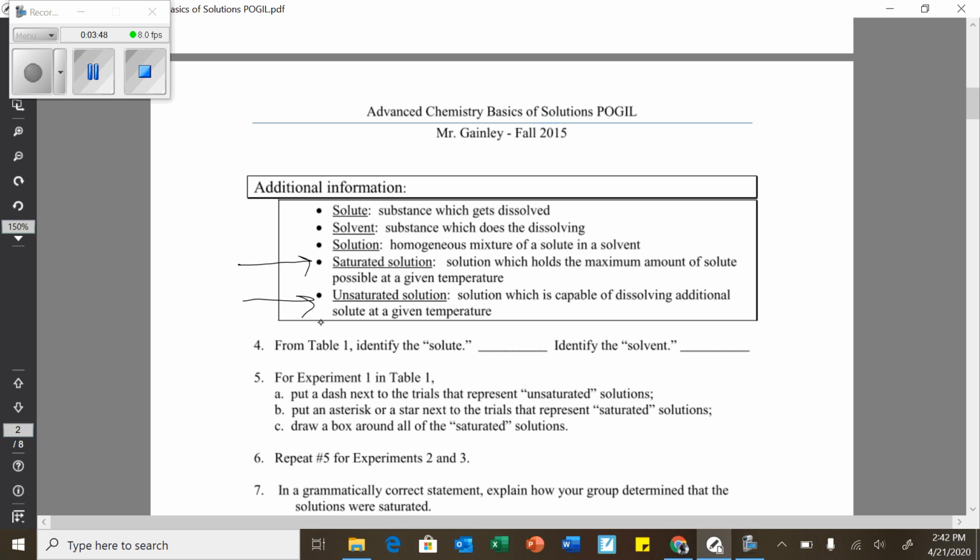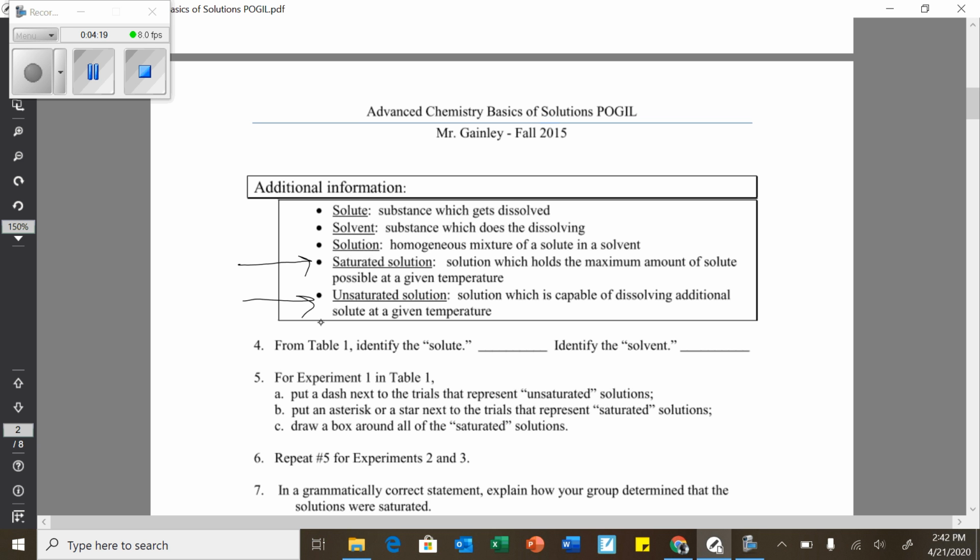You guys probably already knew the basic idea here, which is if a solution is saturated, that means it will not dissolve any more of the solvent. I'm sorry, of the solute. And if a solution is unsaturated, that means it could dissolve more of the solute.